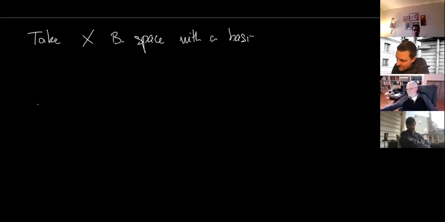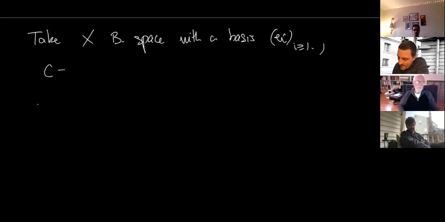And so what Bourgain did is that he considered the following trees. If I give myself a Banach space X with a basis e_i, so it can be done for basic sequences, but let me just look at a Banach space with a basis.